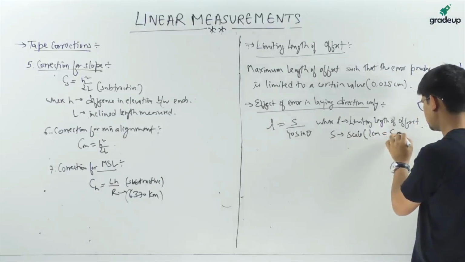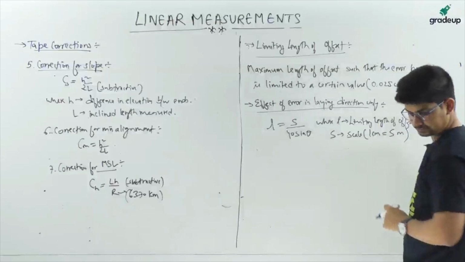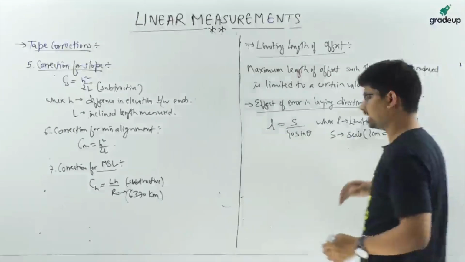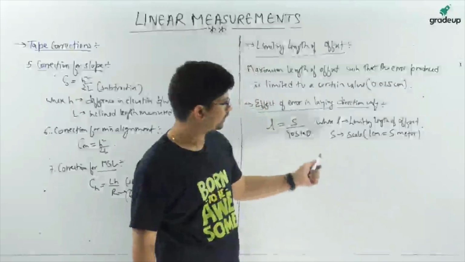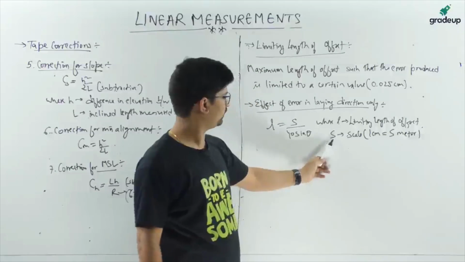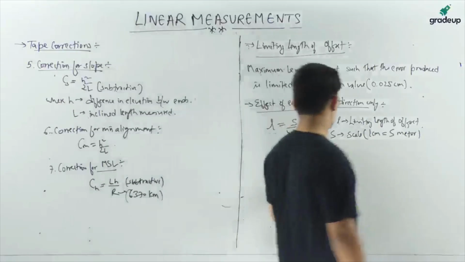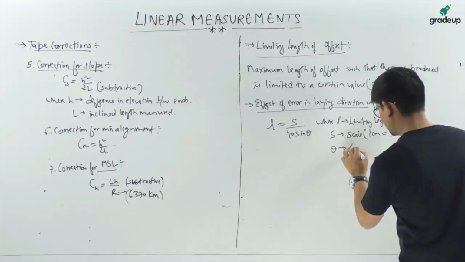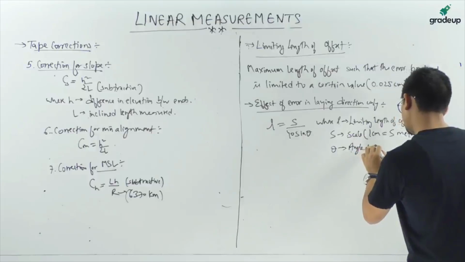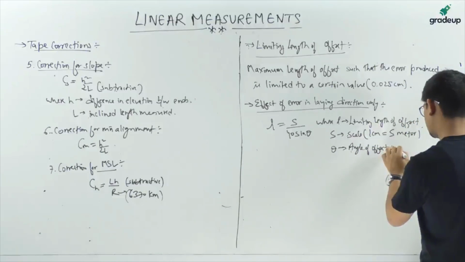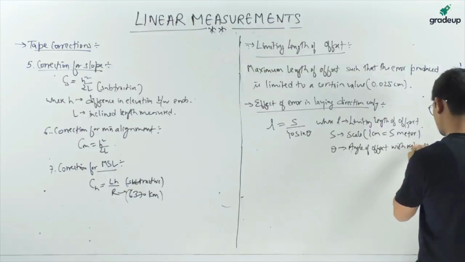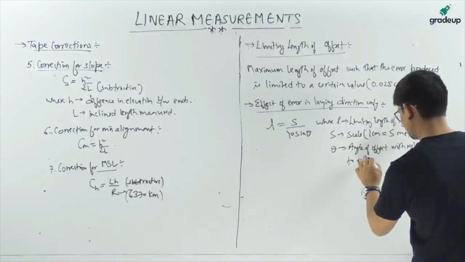1 centimeter is equals to S meter. So if the scale is given to you in any other units, you have to convert it in this format. 1 centimeter is equal to S meter. Then only you will get the value of S. And theta is the angle of offset with respect to vertical.